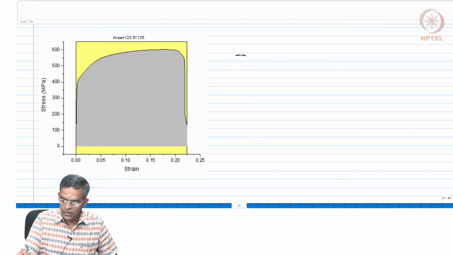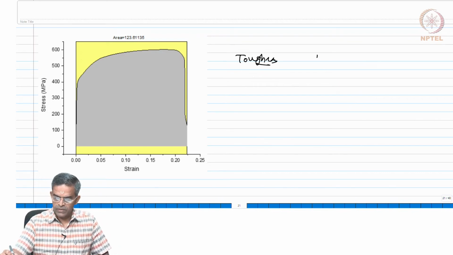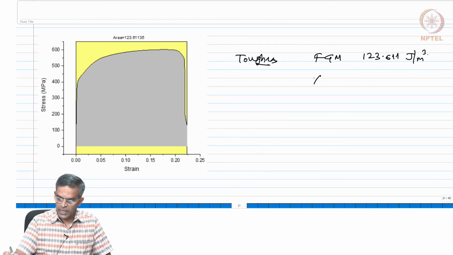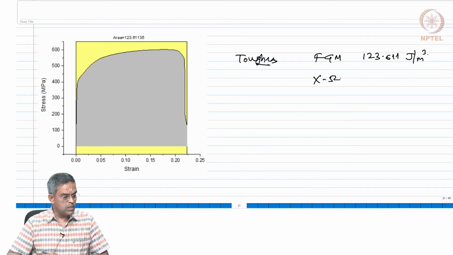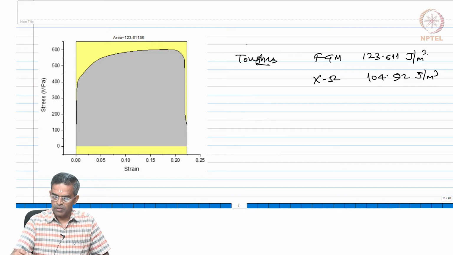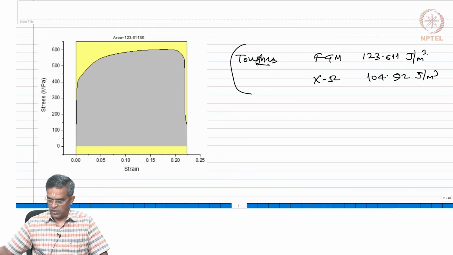So, the toughness value what we obtain for FGM sample is 123.611 joules per cubic meter, whereas for X52 we also worked out this and that came to 104.92 joules per cubic meter. So, FGM proved to be equally tough compared to X52 steel. Okay.